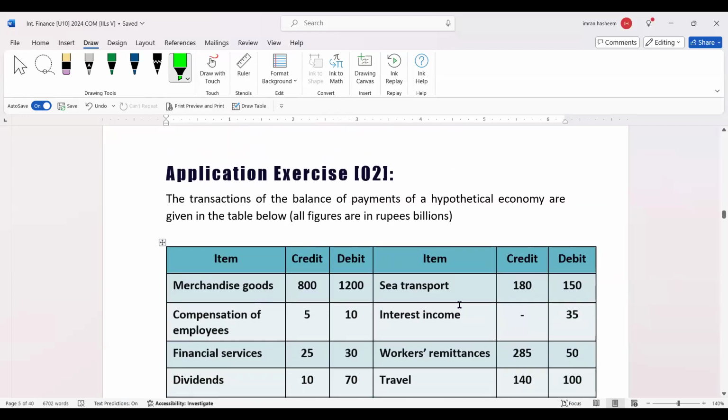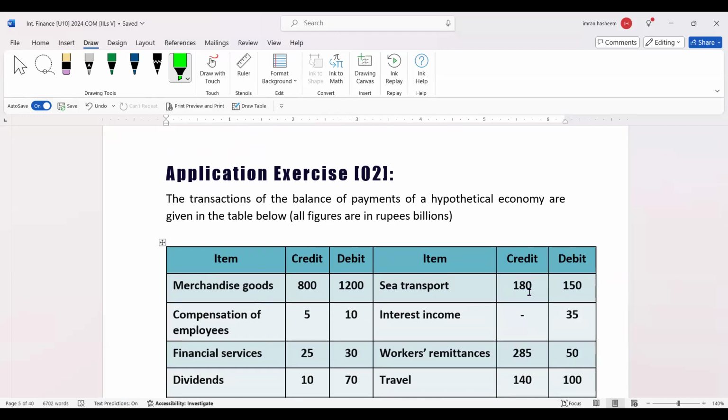Right. Application exercise number 2. Okay. The transactions of the balance of payments of a hypothetical economy are given in the table below. All figures are in rupees billions. Right? Figures are given in rupees billions.